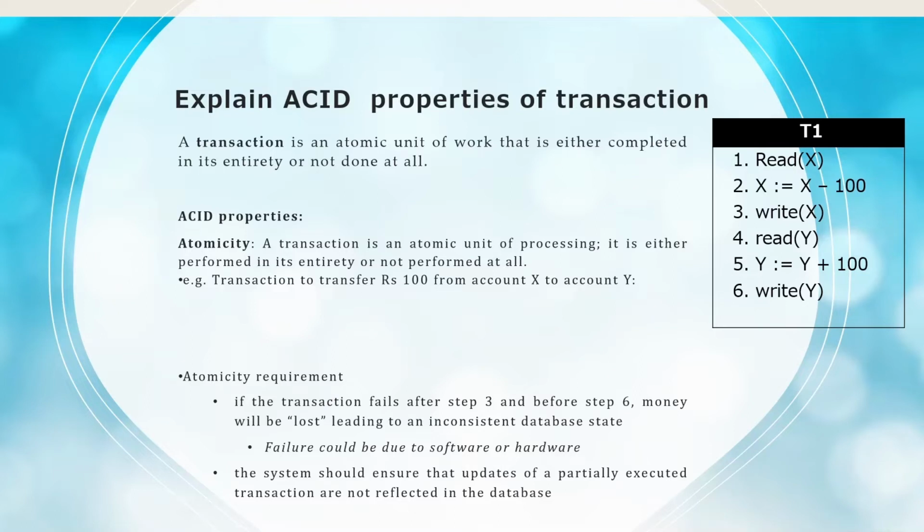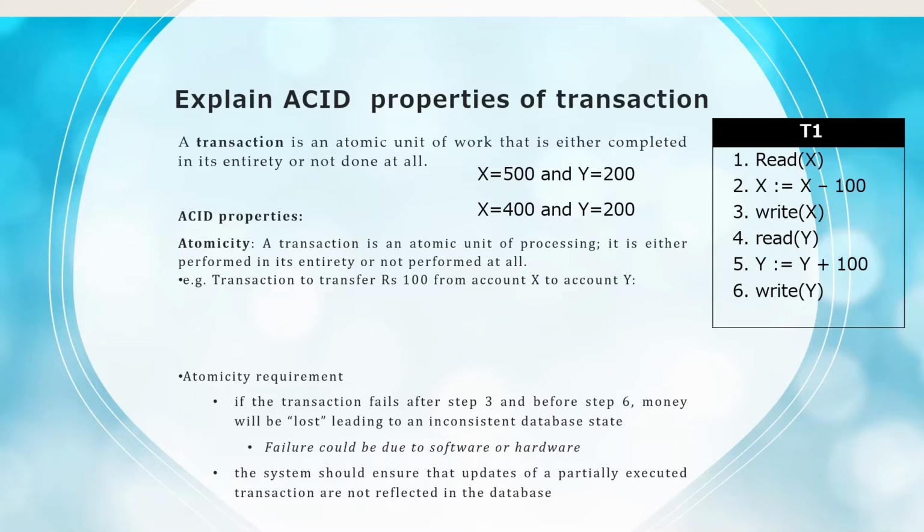So here, let's say in the starting the value of X is 500 and Y is 200. After the execution of the second and third statements, the value of X is going to be 400, but if the transaction fails after the third statement, then the value of Y is still 200.